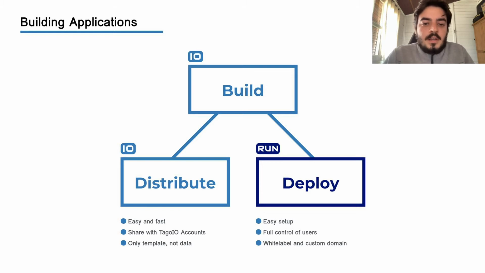So we have in lighter blue TagoIO. It's basically admin.tago.io, the backend. It's the place where you're going to develop your application or your dashboards. And we have two ways to provide access to the dashboard. The left side is distribute.